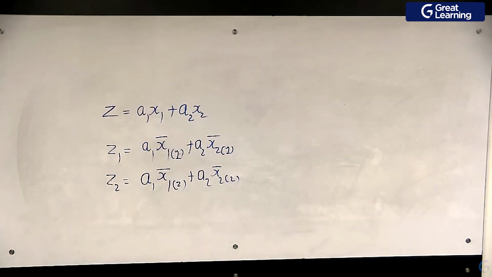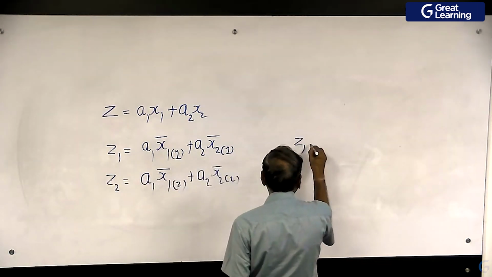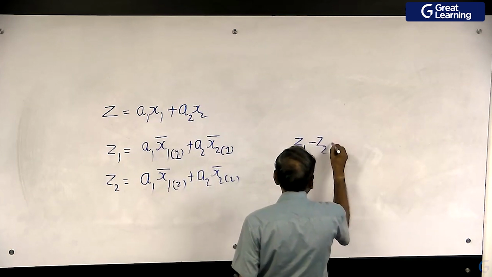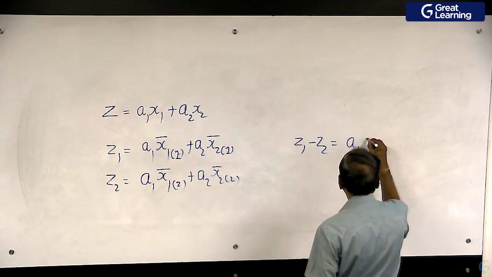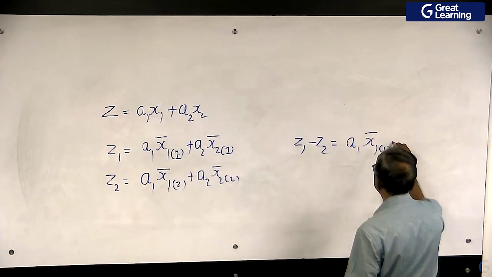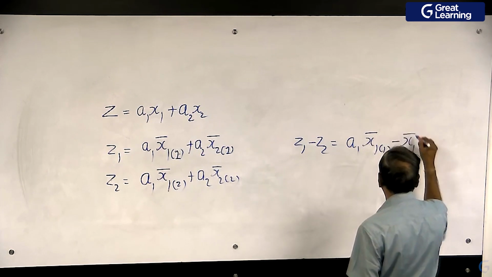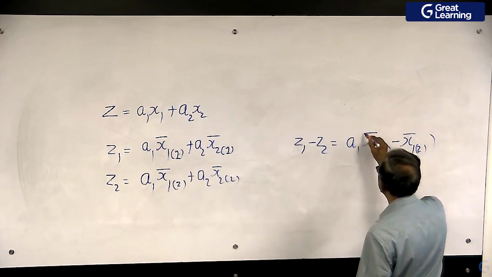Now, can I separate these Z1 and Z2 by the largest distance possible? In other words, Z1, Z2 may be positive or negative. So, Z1 minus Z2 equal to A1 times x1 bar 1 minus x1 bar 2, isn't it?